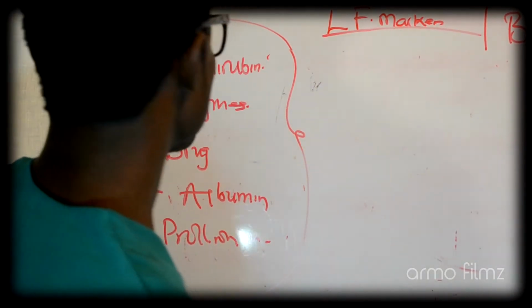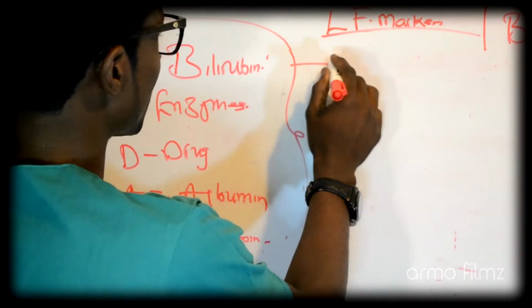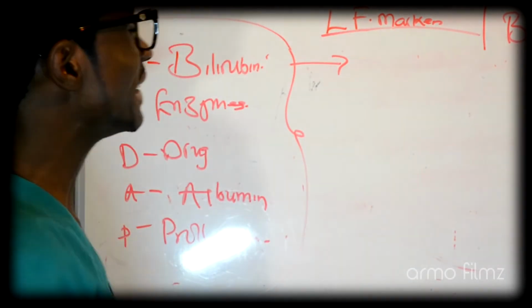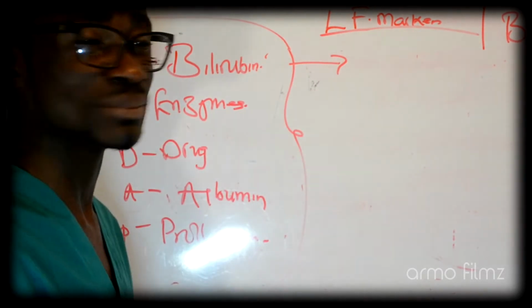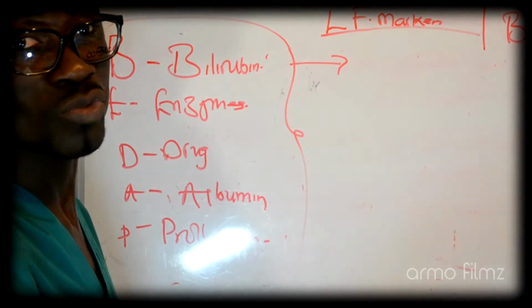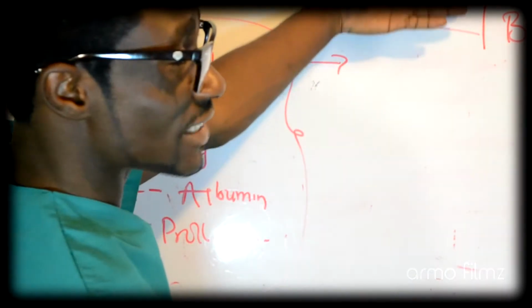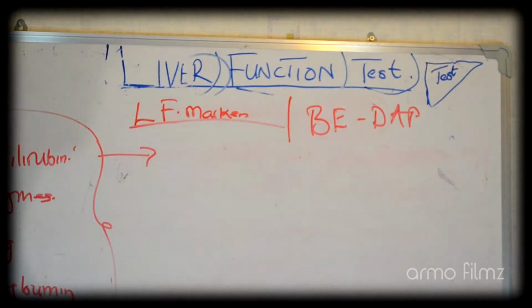You understand? So as we all know, since the liver is directly involved in the degradation or catabolism of heme, and when heme undergoes catabolic pathways, it gives rise to bilirubin. So if the liver is affected, the breakdown of heme into bilirubin will also be affected.